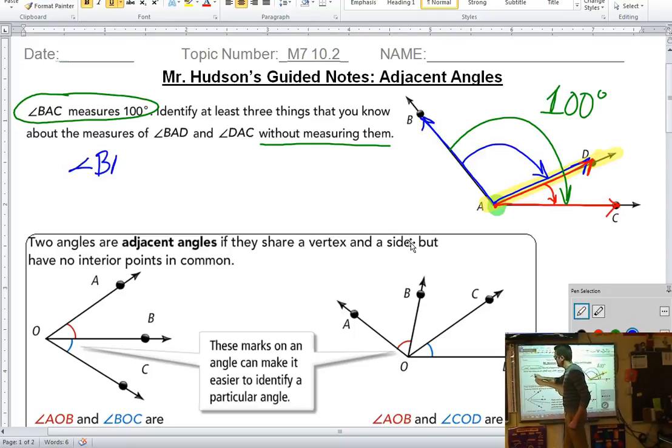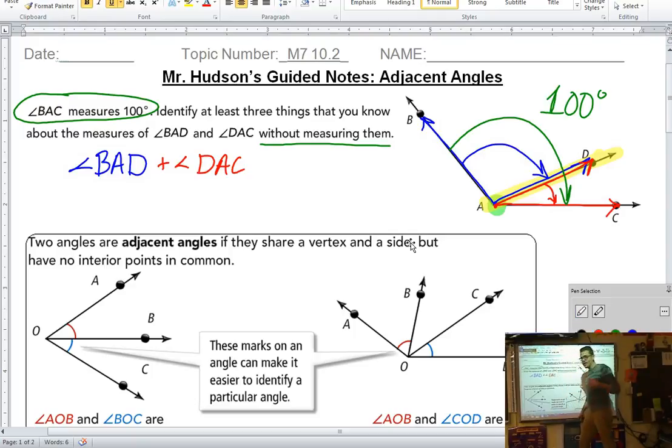Angle BAD, and if we're going to do and, that's addition, angle DAC together combine to make angle BAC.